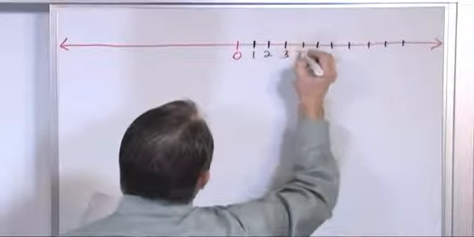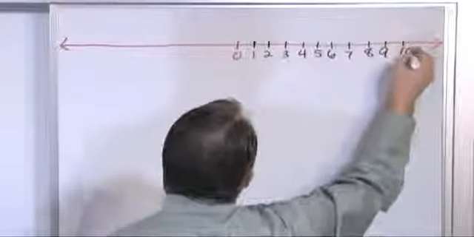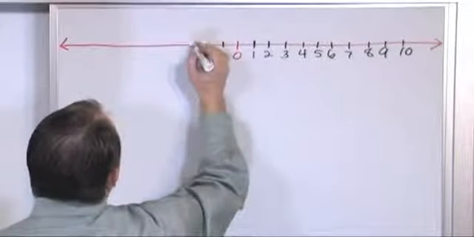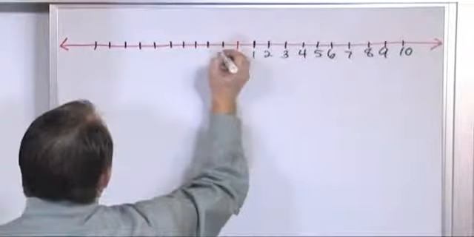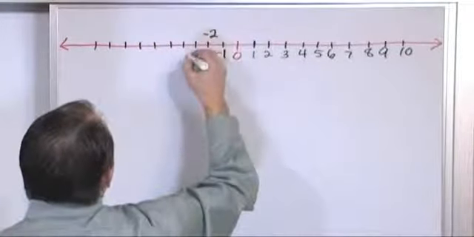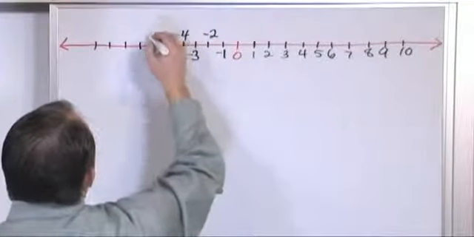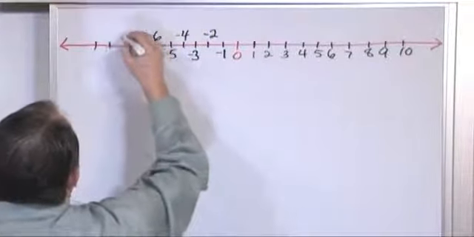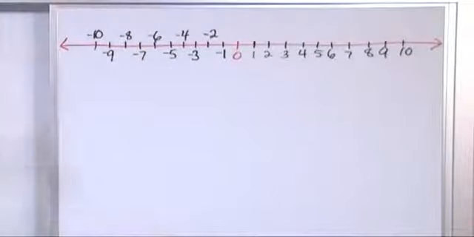Negative 1, 2, 3, 4, 5, 6, 7, negative 8, negative 9, negative 10. I'm going to do the same thing I did before, on top and on bottom, just to keep it clear. Like that. So that's just a reference for the problems that are coming below.